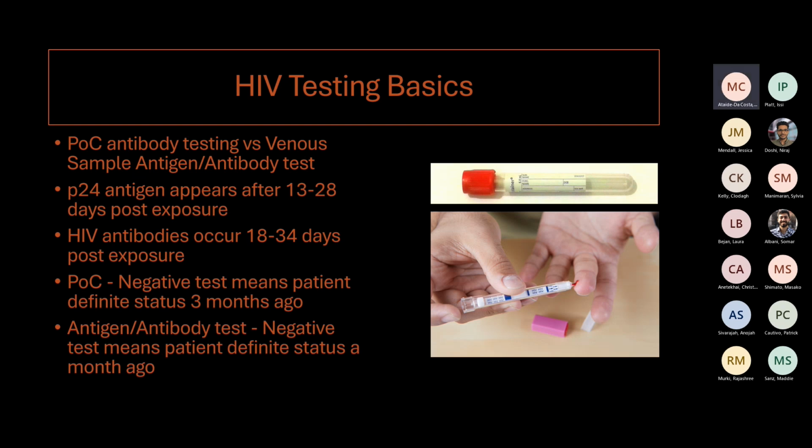It tells you the status of the patient in the past month, whereas the antibody takes up to 36 days, if I remember correctly, so it can give you the status for up to 3 months in general. So a negative point of care antibody only test gives you the window 3 months ago, whereas the antibody antigen test will give you the window for a month ago.